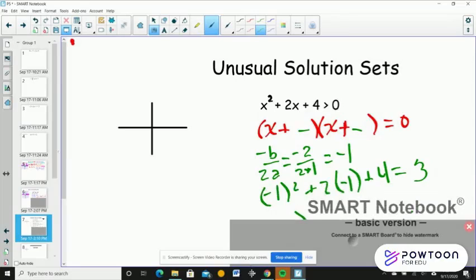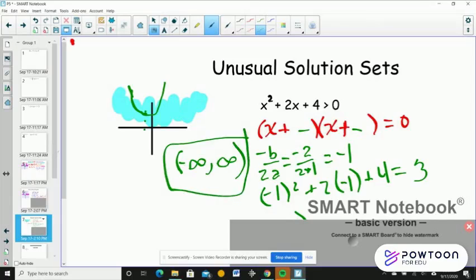So I know the vertex is at negative 1, 3. And we have a parabola. And you can see from the parabola that all of our values for x, y is in the positive range. So that means the solution set for this problem is all real numbers. So it goes from negative infinity to infinity.